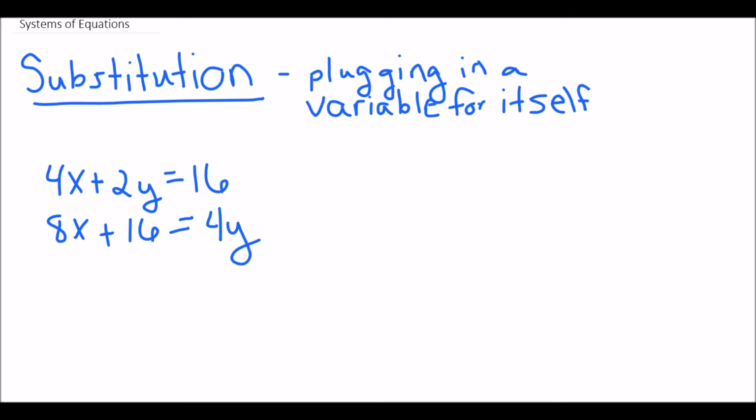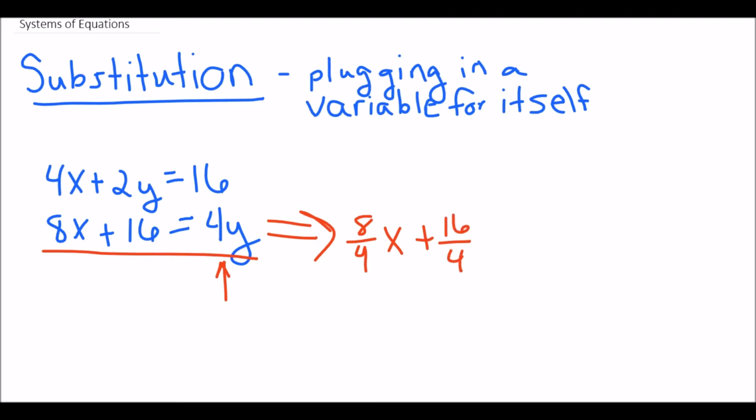So if we're going to solve for a variable in this equation, I am kind of leaning toward this equation, and I'm leaning toward y for right now, because it's already almost by itself. So if we solve for this, we just divide both sides by 4. So 8 over 4 plus 16 over 4 equals, I'll just show the math.